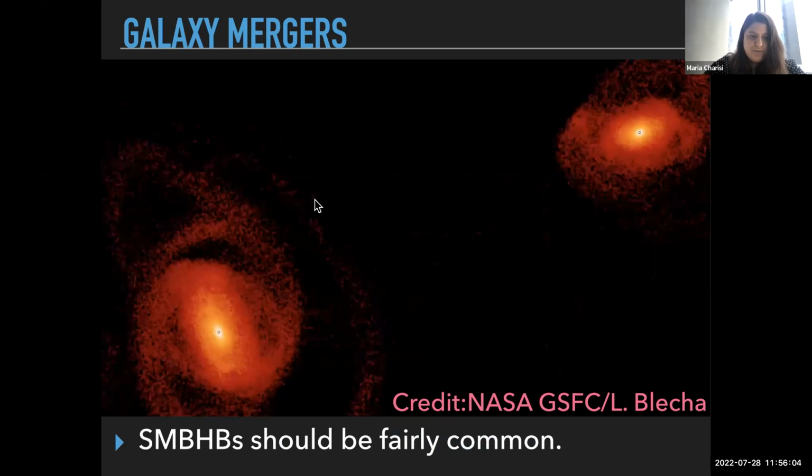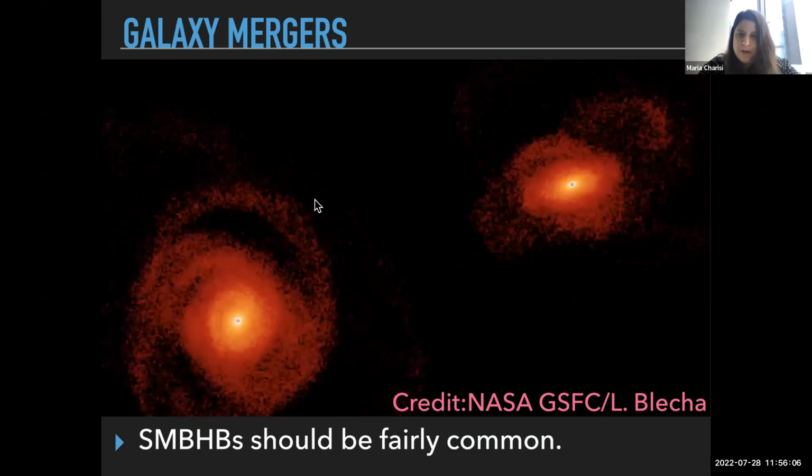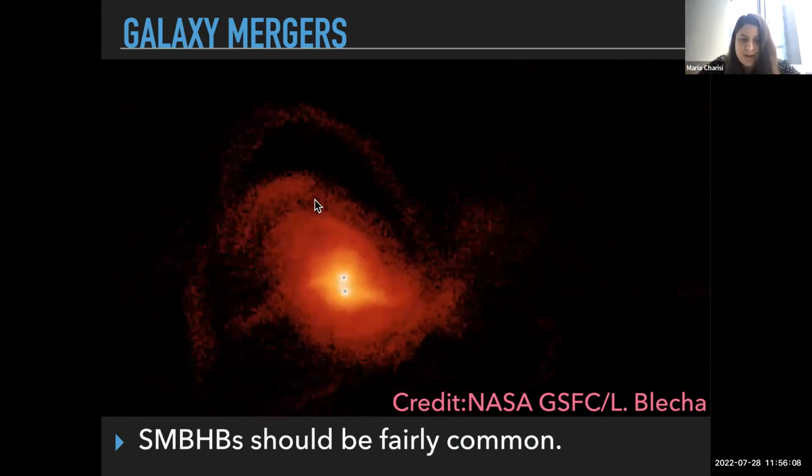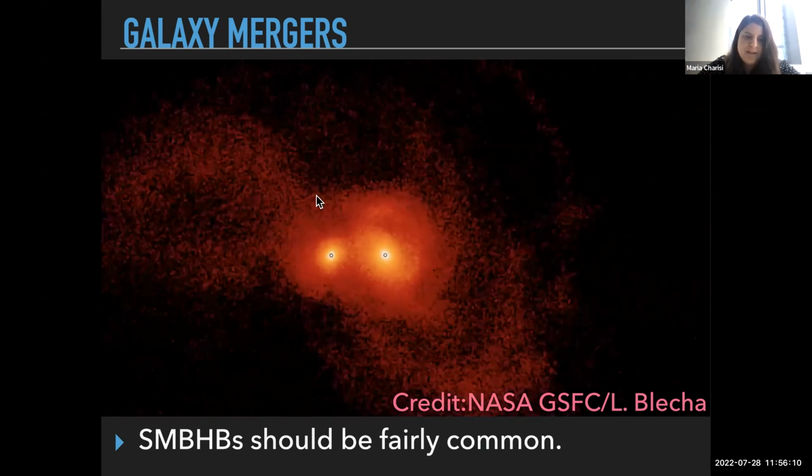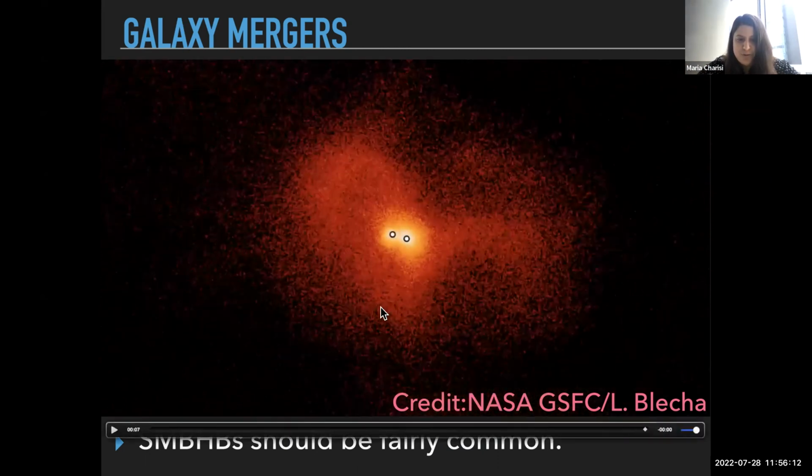So first of all, supermassive black hole binaries are the natural outcome of galaxy mergers, since every massive galaxy has a supermassive black hole. So the post-merger galaxy will have two supermassive black holes, which progressively lose energy and angular momentum and get to smaller and smaller separations.